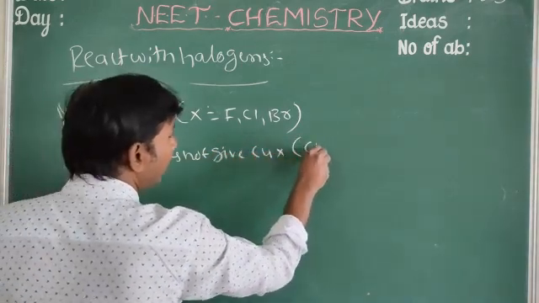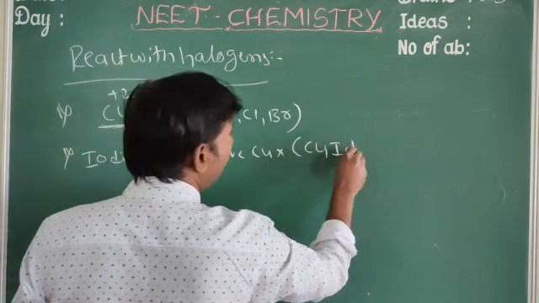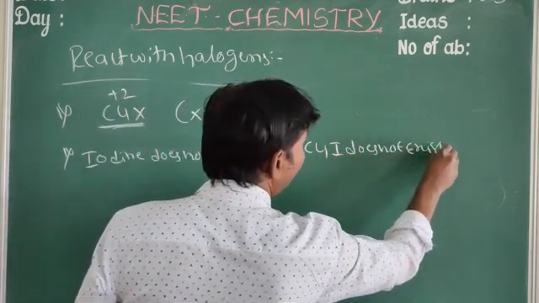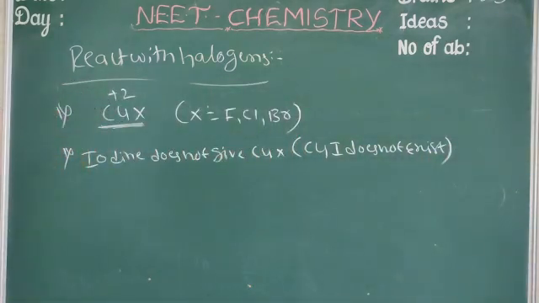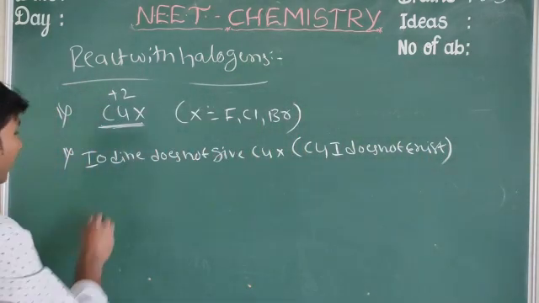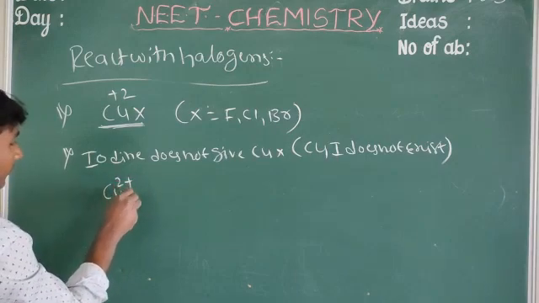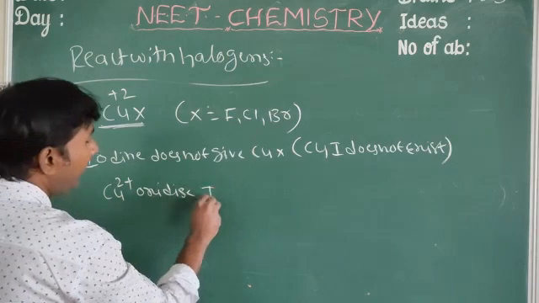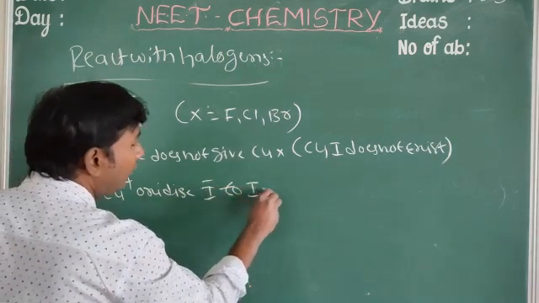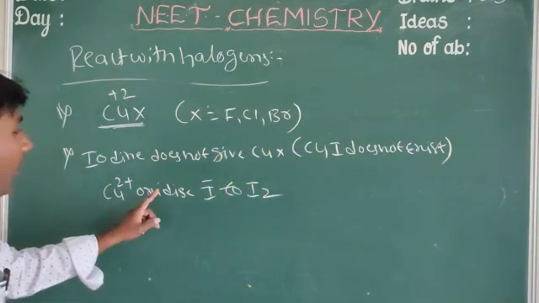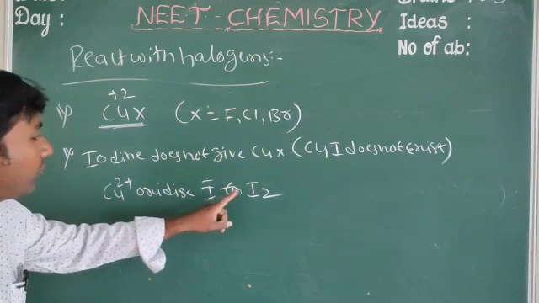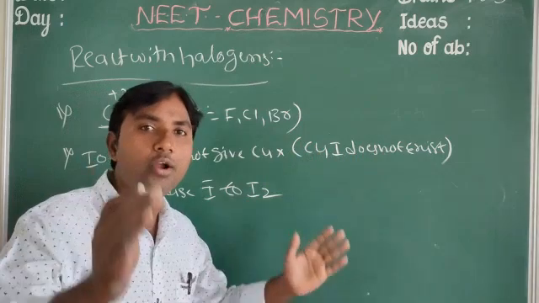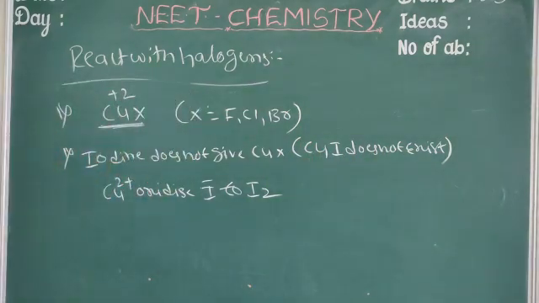That means CuI2 does not exist. What is the reason? Because Cu2+ oxidizes I- to I2. That's why CuI2 does not exist.